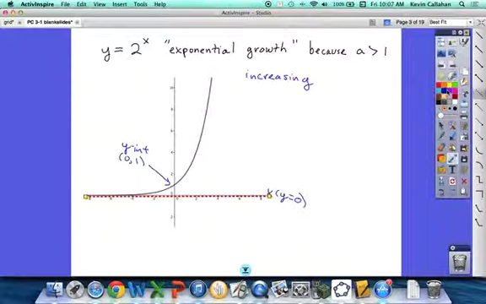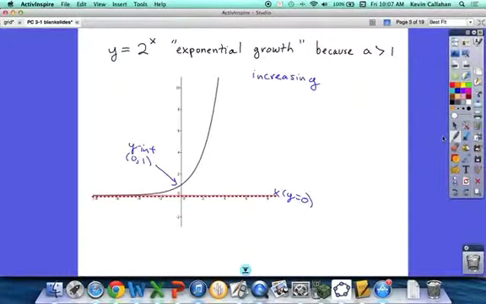Okay, so now, what is the domain of this function? If you're looking at the graph, you can see the tilt of that line. It's going maybe ever so slowly, but it's still going to the right, and it's still going up. And it'll do that forever.